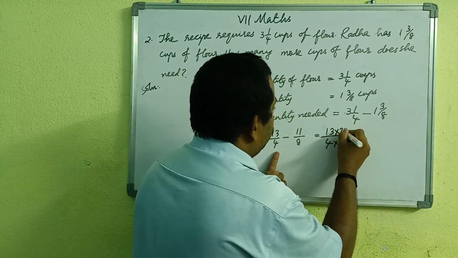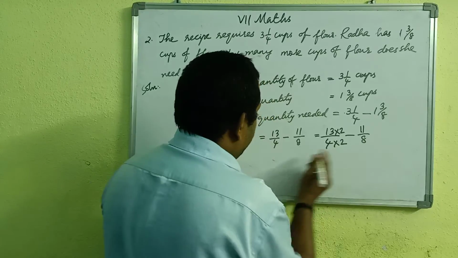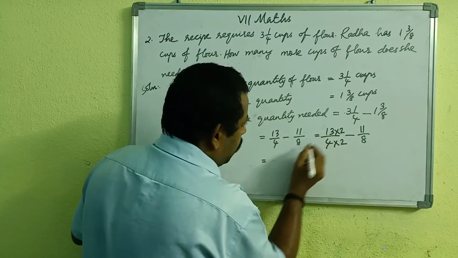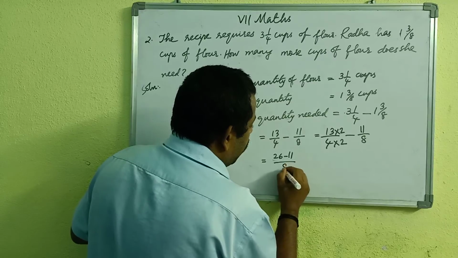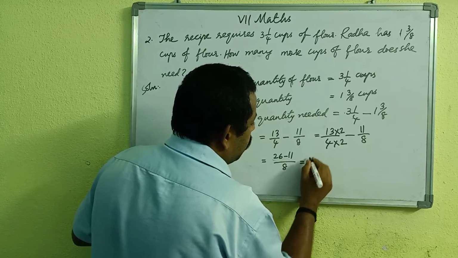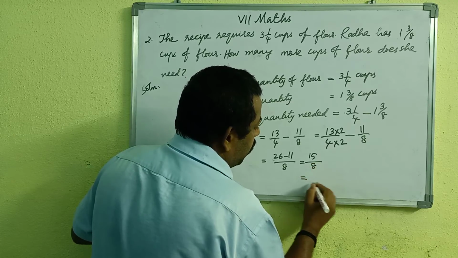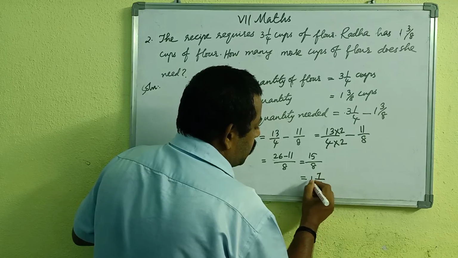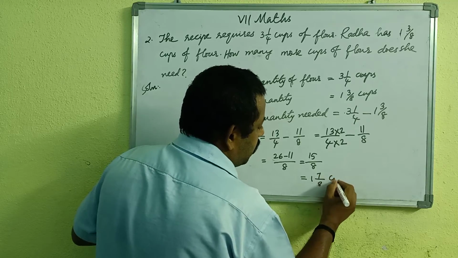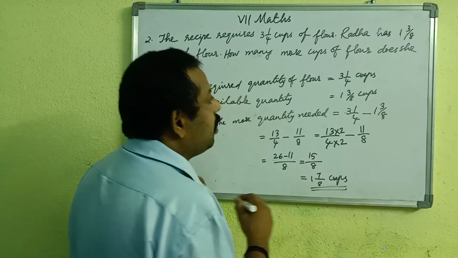So 2 you multiply here. 11/8 already has 8. So it is equal to 13 2s are 26 minus 11, by 8. 26 minus 11, how much? 15 divided by 8, that means 1 7/8. 8 ones are 8, 8 plus 7, 15. 1 7/8 cups of flour are needed.